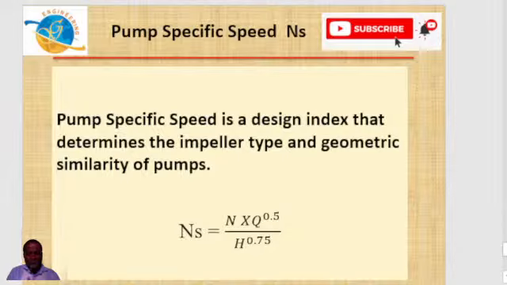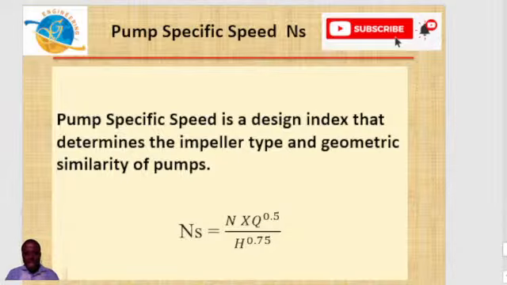Of course, your N, I mentioned, is the rotational speed expressed in revolutions per minute, RPM. Your H here is the head per stage at the BEP. BEP is the best efficiency point flow rate, which is the flow rate at which your pump is having what? The maximum efficiency.